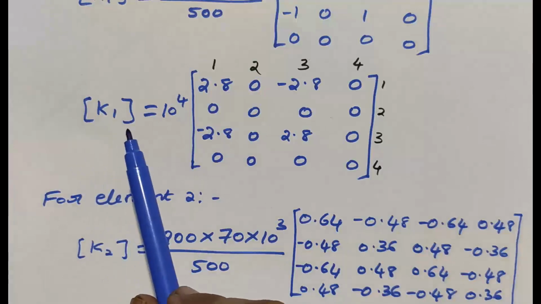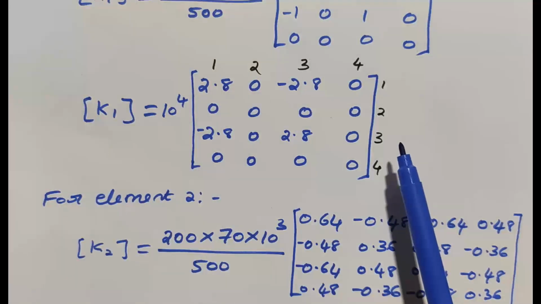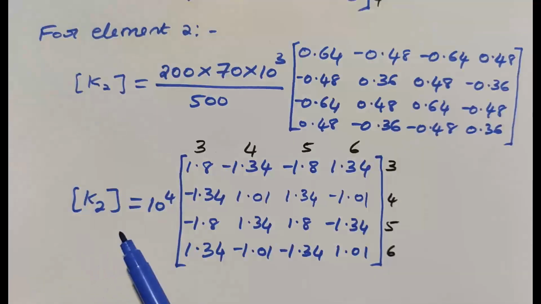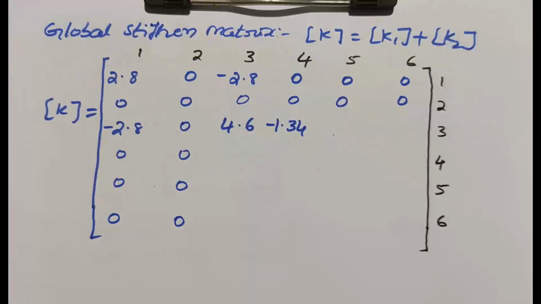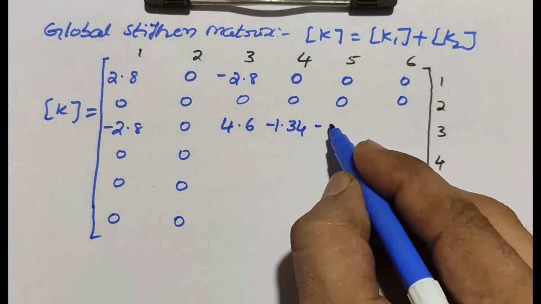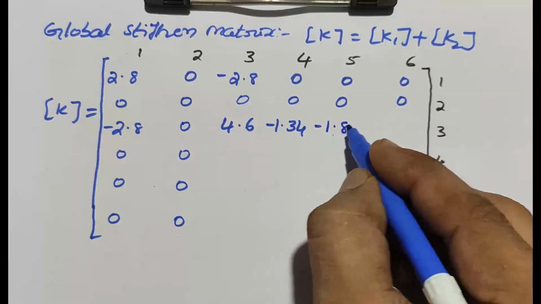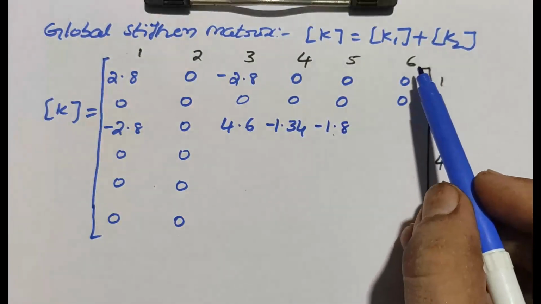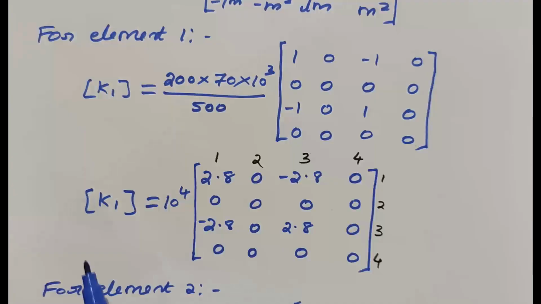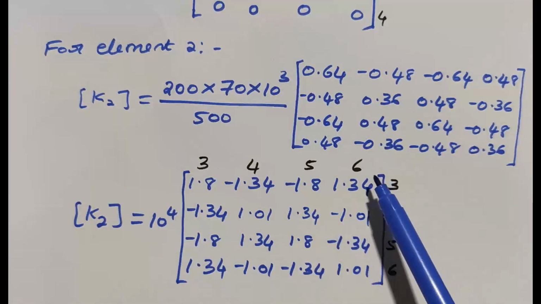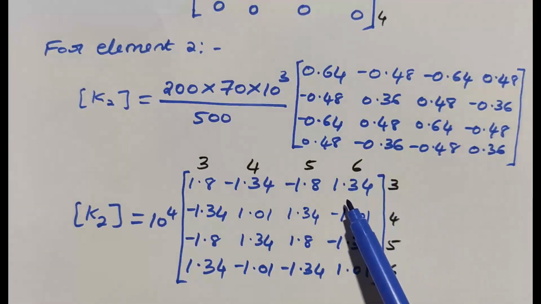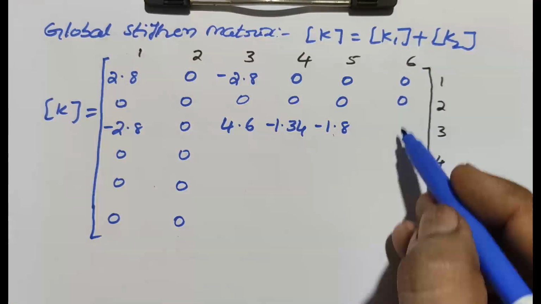See, in K1, we don't have any element corresponding to 5 and 3. But in K2, we have an element corresponding to 5 and 3, that is minus 1.8. So, here it is minus 1.8. Next, we need the element corresponding to 6 and 3. See, in K1, we don't have any element corresponding to 6 and 3. But in K2, we have an element corresponding to 6 and 3, that is 1.34. Therefore, here you will get 1.34.